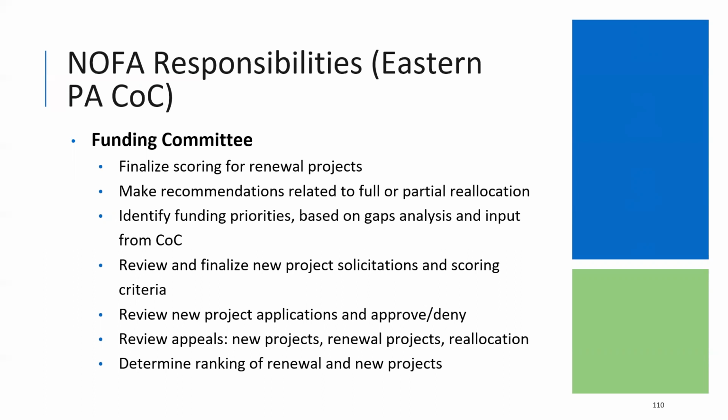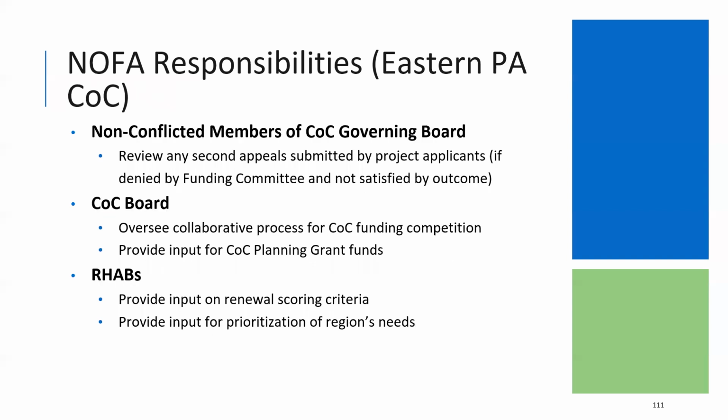The funding committee reviews appeals, so there's multiple different appeal windows, including for new projects, renewal projects, or projects that are selected for reallocation. And then finally, the funding committee is doing that final ranking of renewal and new projects.